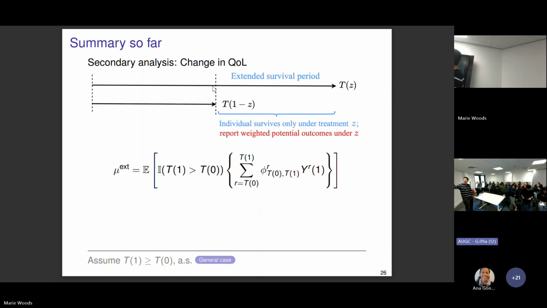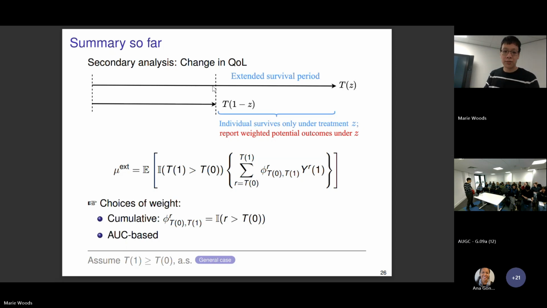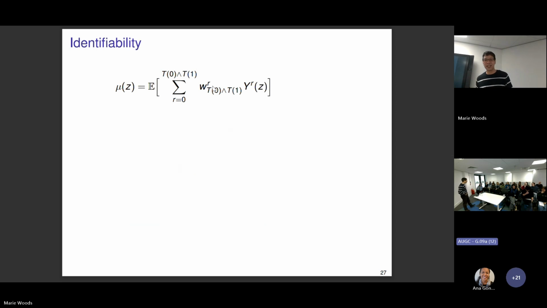Because here you only have Y_Z, but you don't have 1 minus Z, so Y_Z is defined in only one of the treatment arms. But then you can report what my quality of life is in these additional years that I will survive under the active treatment. And usually for cumulative, you can do AUC. This is our estimate.